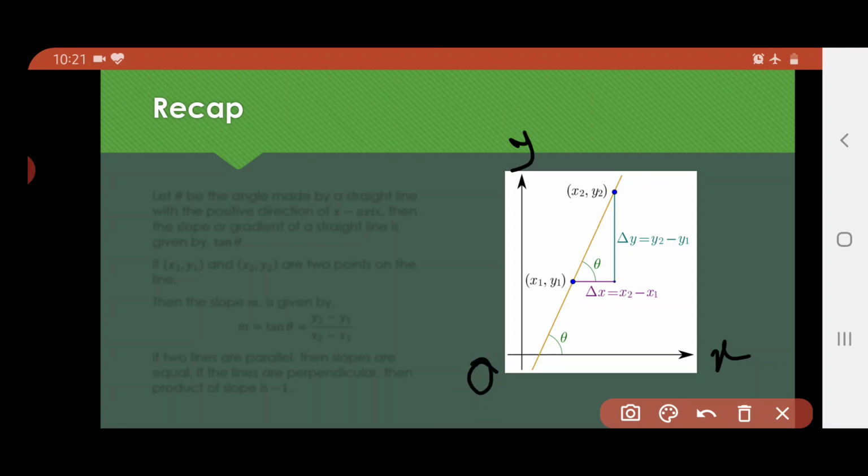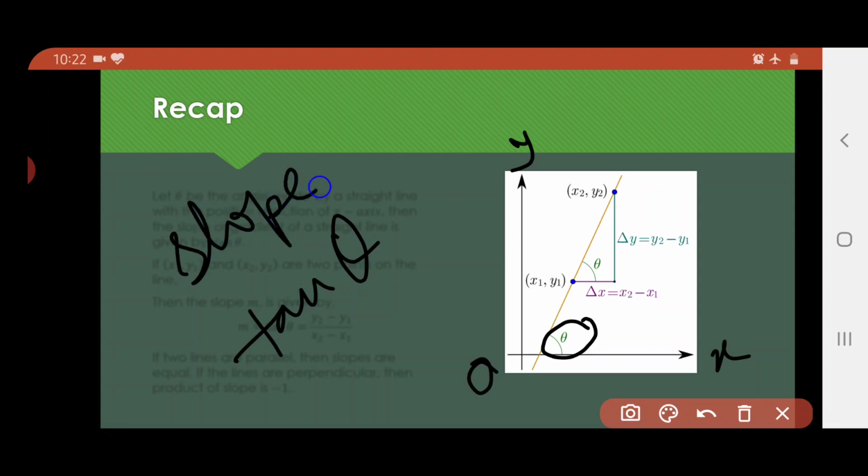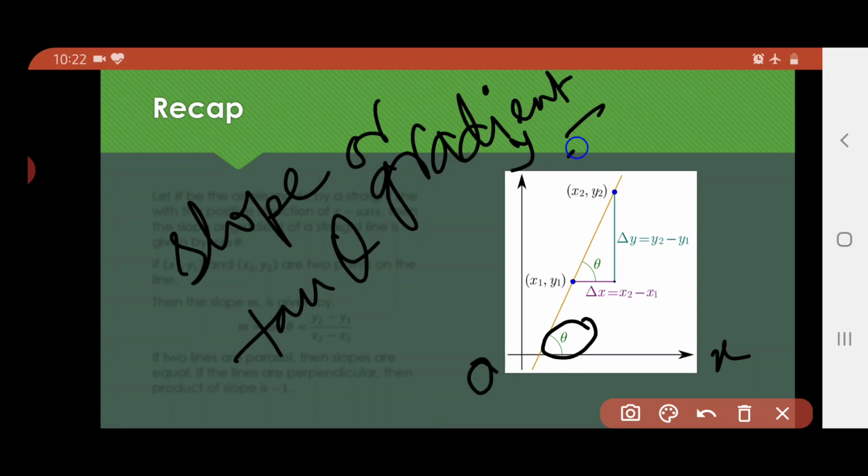The angle which is made by the straight line with the positive direction of the x-axis, the tangent of the angle, meaning tan theta, is called the slope or gradient. Now, generally, we don't use the word gradient much. It is more of a Western word to use, but here we use the word slope.